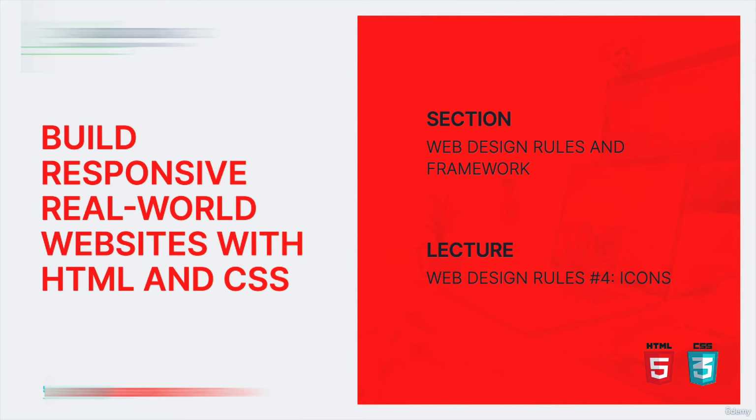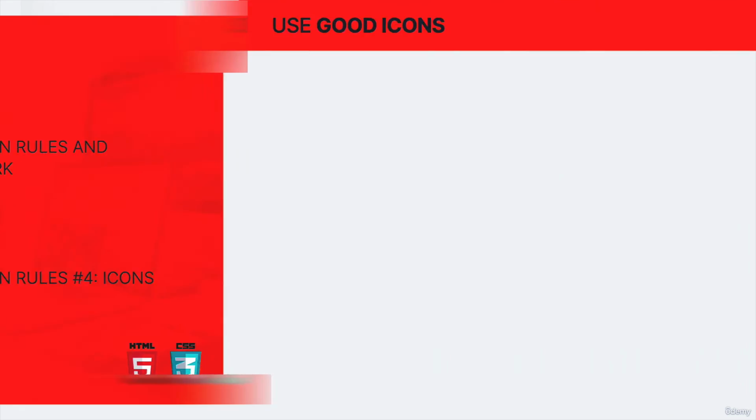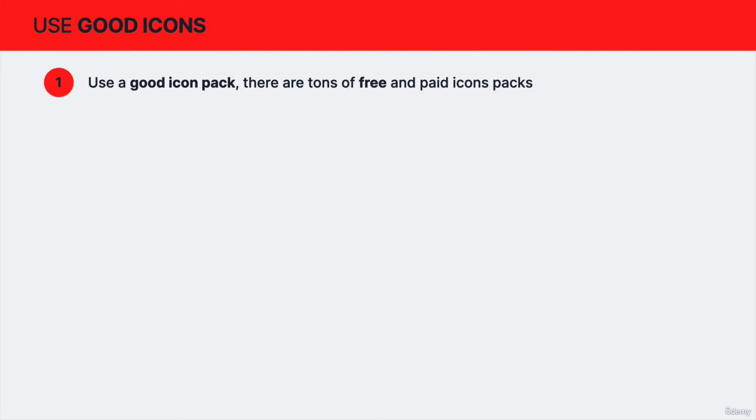Icons can add a lot of detail and can completely change the look and feel of an entire page or application. And that's why it's so important to know how to use them properly. Probably the most important rule of using icons is to use a very good icon pack and not simply some random icons that you find online.